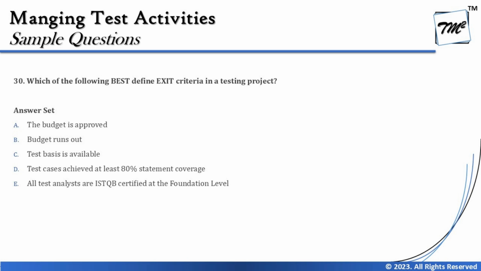If I talk about option D, it says test cases achieved at least 80% of statement coverage. I would like to put some light on this because this could be a tricky thing. 80% coverage is not determined anywhere and it's not necessary that you should achieve 80% coverage to stop testing. They just want you to start thinking so that you wait and consume your time to conclude on the answer.